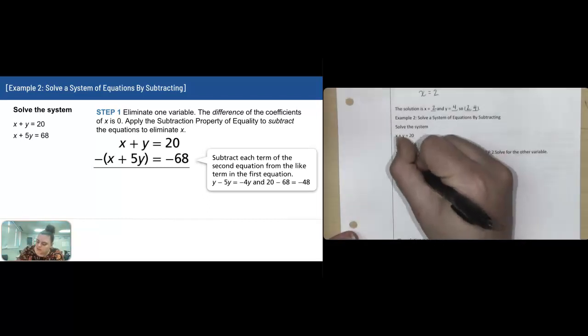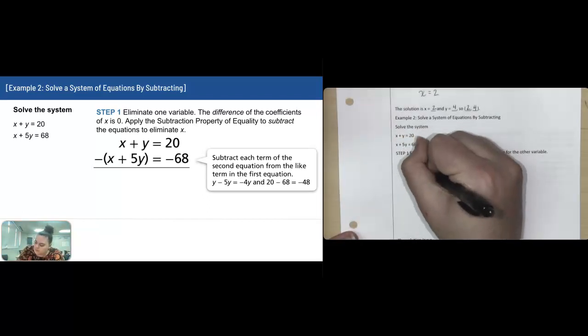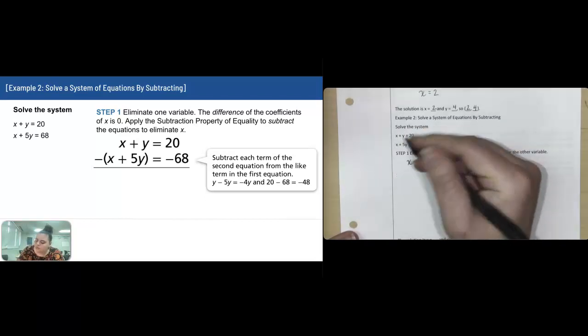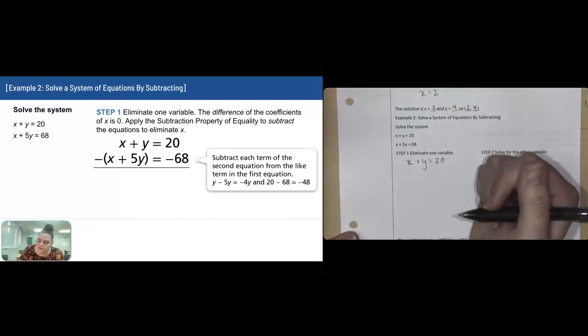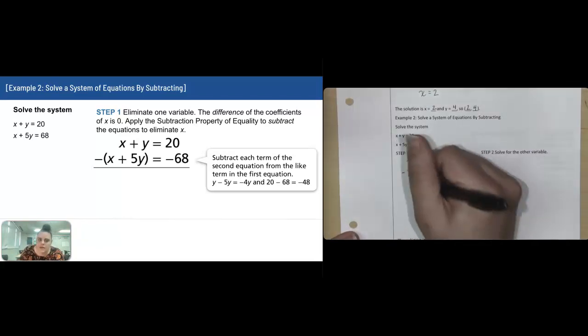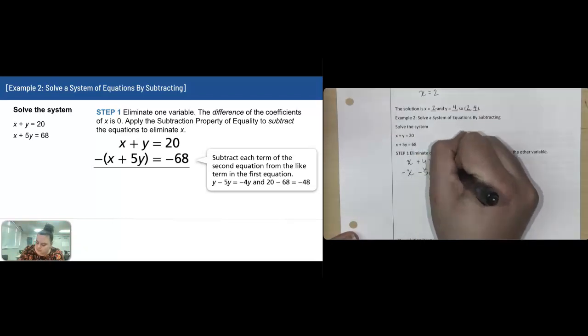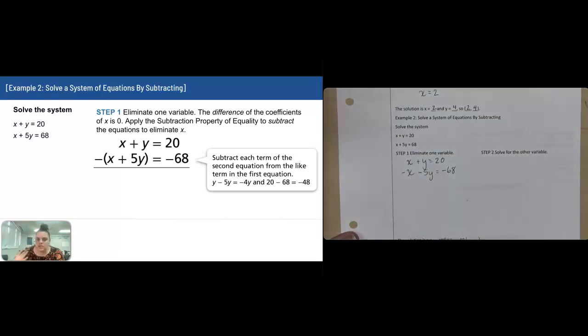So we take x plus y equals 20, and then we basically change this one all negative, as you can see from the picture. So negative x minus 5y equals negative 68. Just essentially changes everything to negative.